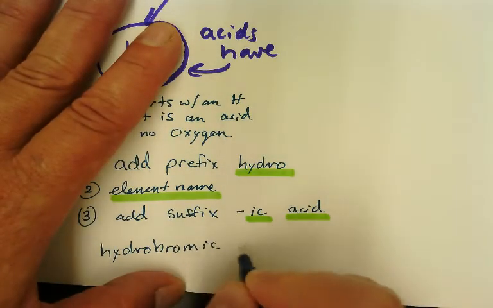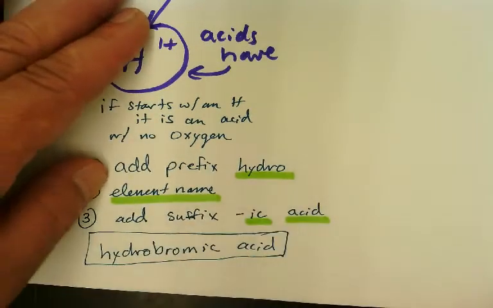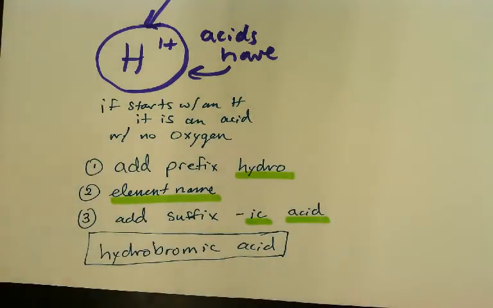Ic, acid. And that is the name of a binary acid. Hydrobromic acid. Later in our teachings and learnings, we will talk about how strong these acids are, which is how often the H comes off the Br. And then we'll classify it as a weak acid or a strong acid.